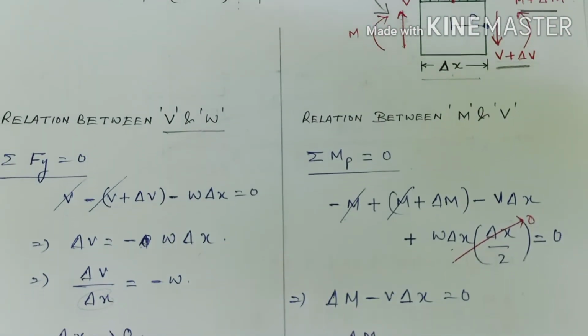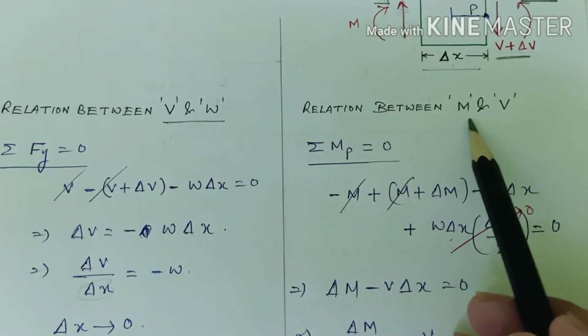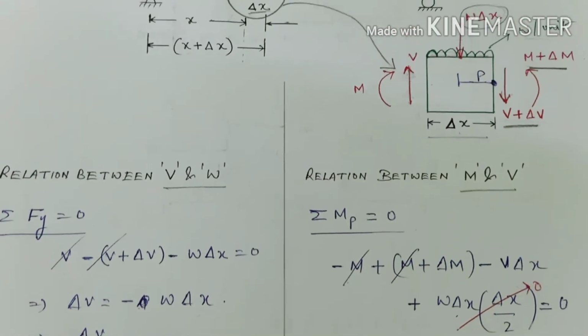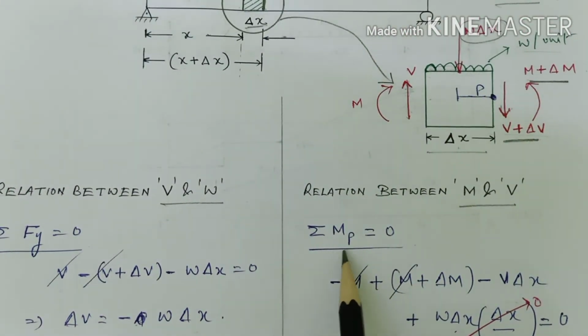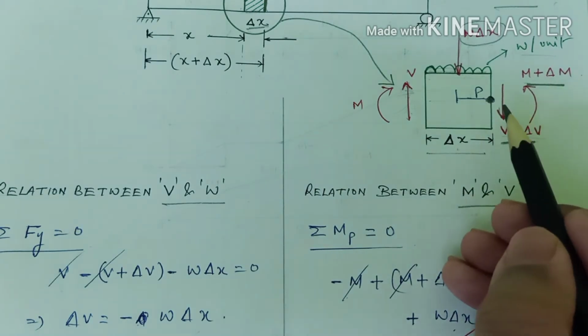Okay, so now let's focus on the relation between the bending moment and the shear force. For that we will be considering the summation of moment about a point is 0. So what point are we considering? We are considering this point P, which is on the beam.